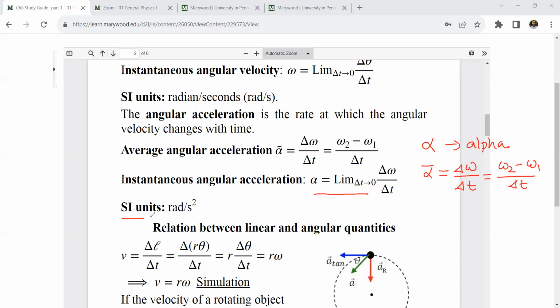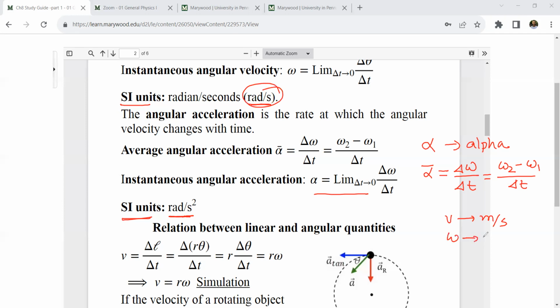Again, it's a vector quantity similar to the acceleration. The standard international unit is radian per second square. So it is radian per second for velocity. For angular acceleration, it is radian per second square. Remember that for linear velocity it was meter per second, so here we have radian per second.